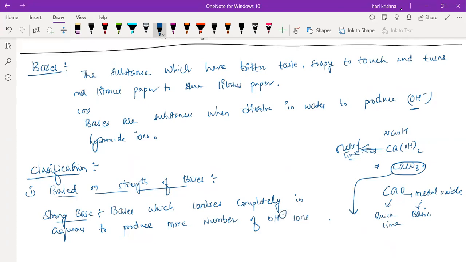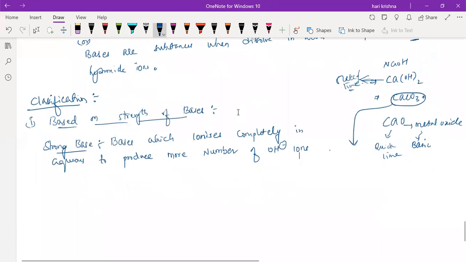Suppose we take the example of Ca(OH)2. Actually, it is neutral, right? So when you dissolve it in water, what will happen? It will form Ca plus 2 and 2 OH minus ions. Understood? So Ca(OH)2 upon dissolving in water will form Ca plus 2 and the 2 OH minus ions.